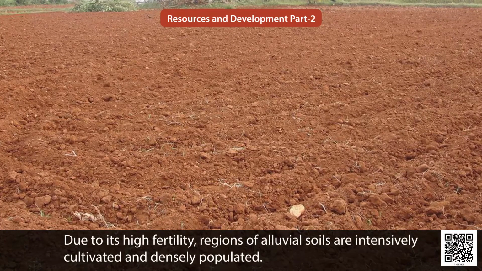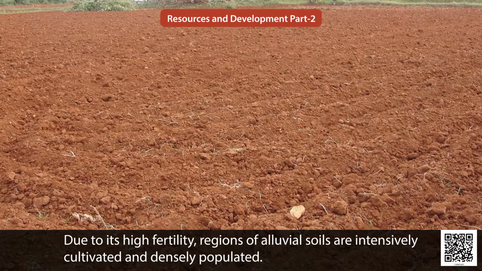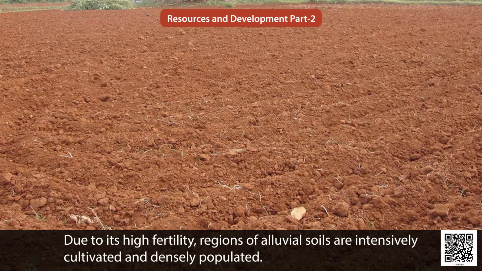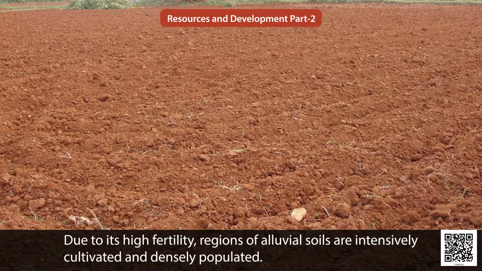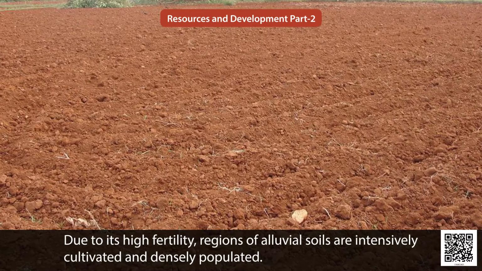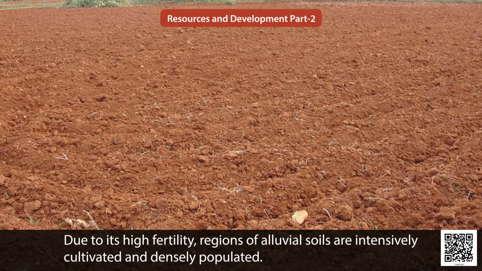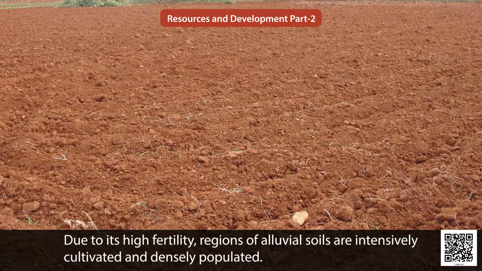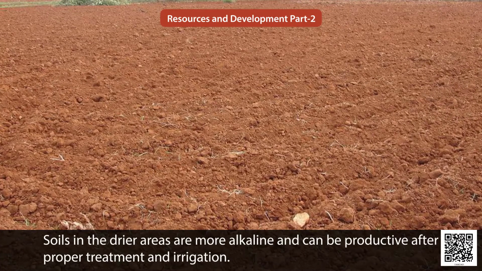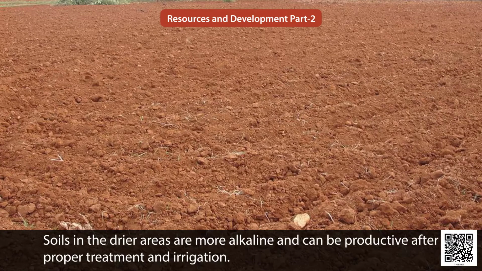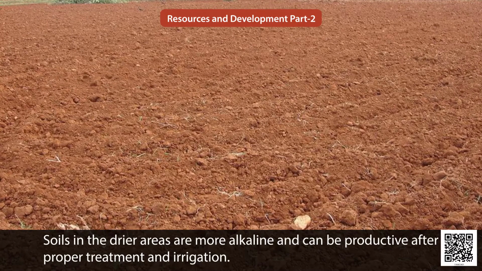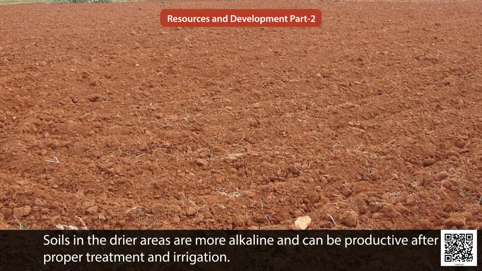Due to its high fertility, regions of alluvial soils are intensively cultivated and densely populated, because people always like to live in places which provide them means of livelihood. Soils in the drier areas are more alkaline and can be made productive after proper treatment and irrigation.